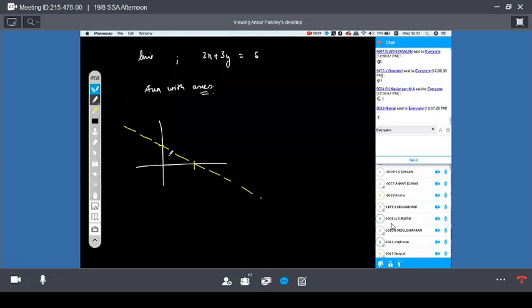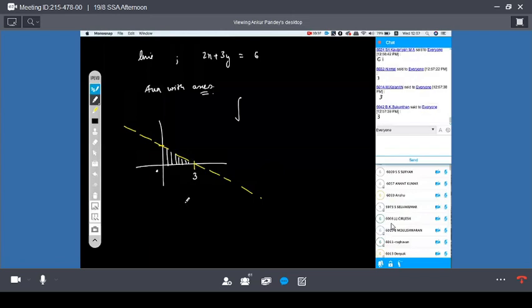Good. This is the area. So for clarifying your fundas, what will you do? You will integrate from 0 to 3 of y dx. What is y? y is (6 minus 2x) by 3.